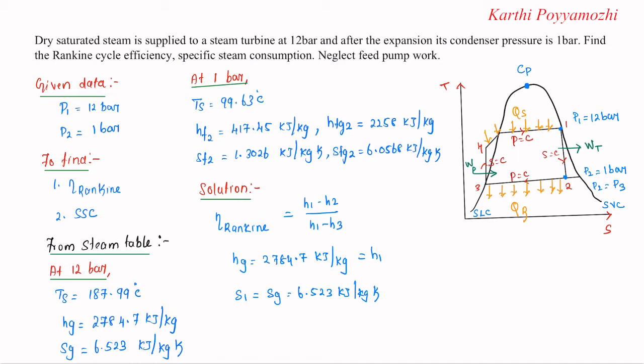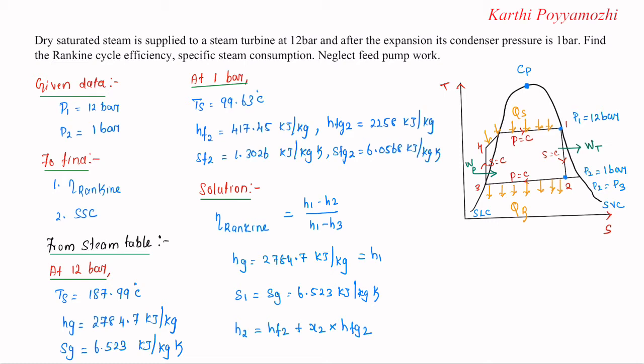With this, we have to find the value of H2. H2 is given by the equation H2 is equal to hf2 plus X2 into hfg2, where hf is the enthalpy of the fluid, hfg is the enthalpy of vaporization, and X is the dryness fraction.